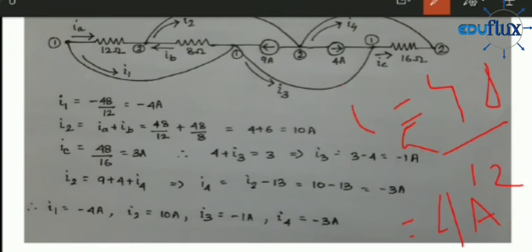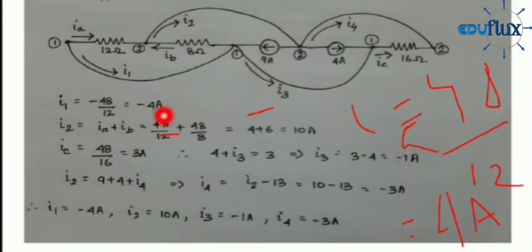Now apply nodal. See, I have marked these currents IA and IB for convenience, right? So we apply nodal at this point, node 2. We can see IA and IB are entering currents, and it is nothing but I2.